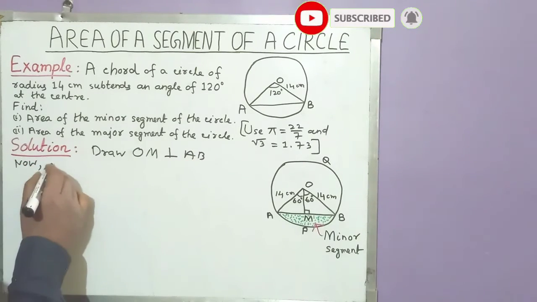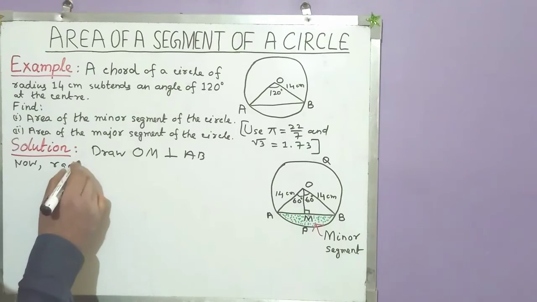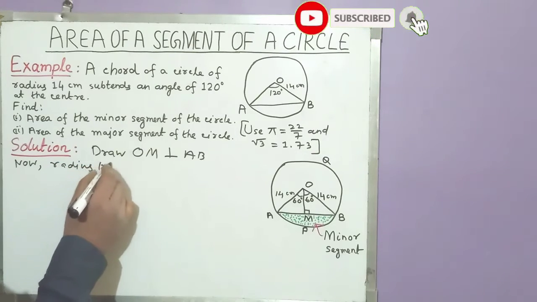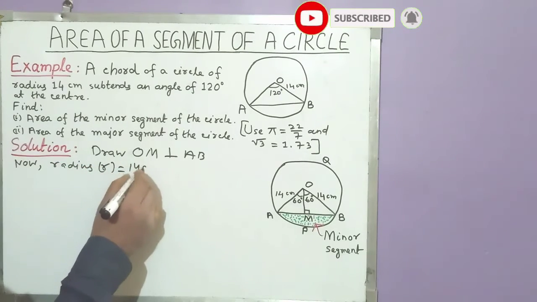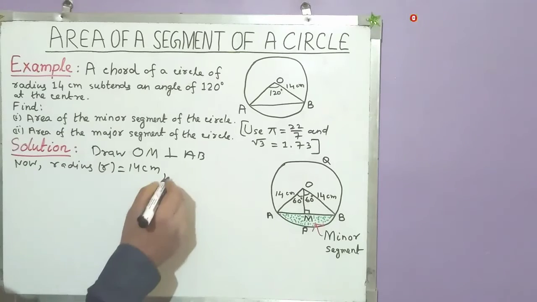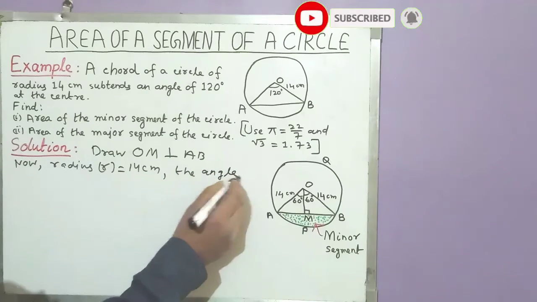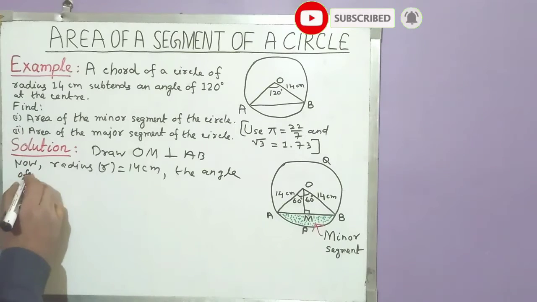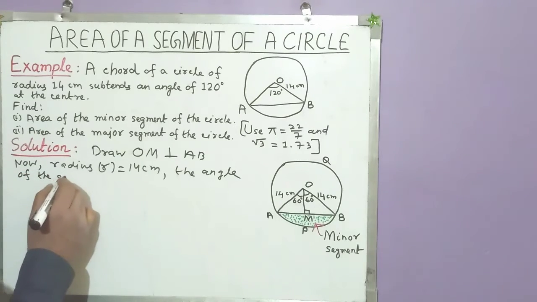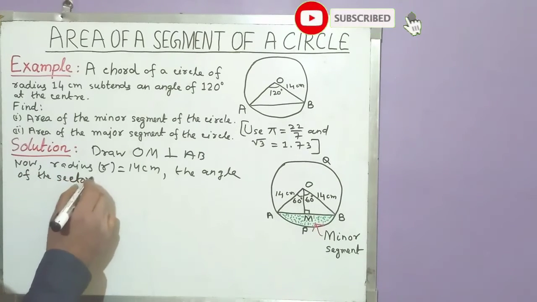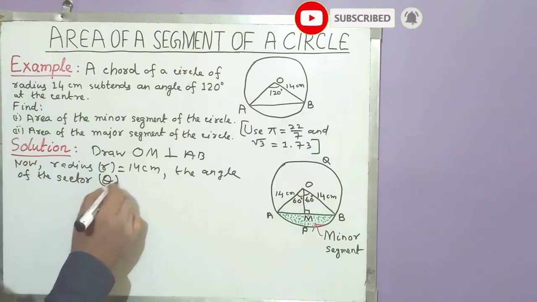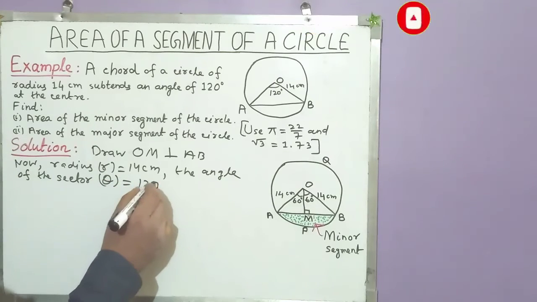Now, radius of the circle R equal to 14 centimeter. The angle of sector theta equal to 120 degree.